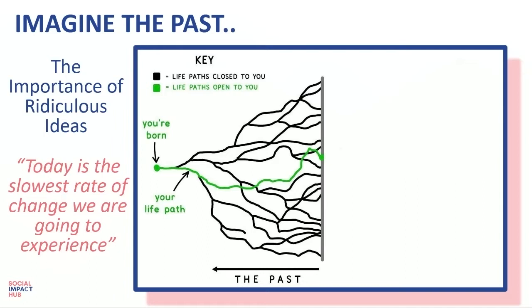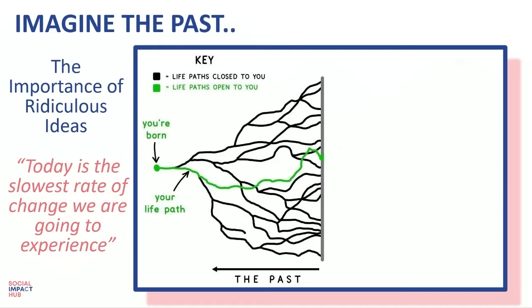And the way the model works is essentially you're born at the point on the far left, and today's date is the grey straight line in the middle. And your life or your organization has taken a certain path to get to where it is today, but there were many other alternative pathways that could have been used or benefited from to get to there.